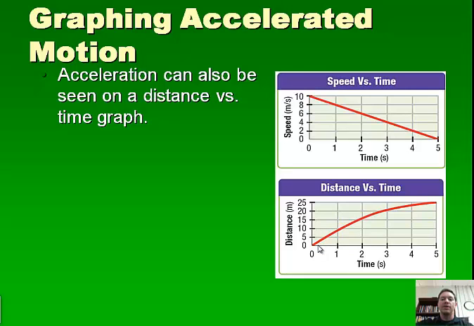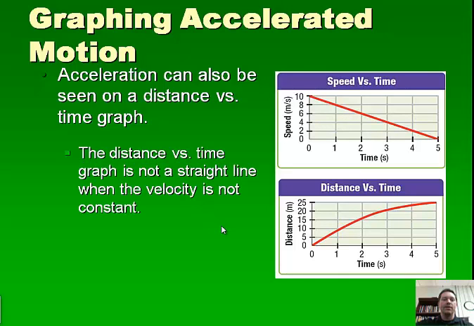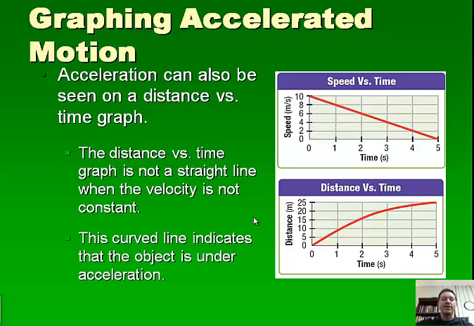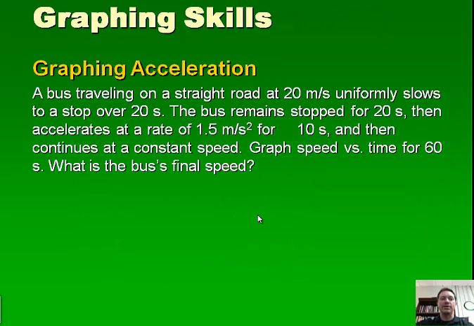So the change in velocity is changing at most points along this line. Okay. So distance versus time graph is not a straight line. Velocity is not constant. Therefore, acceleration is taking place. The curved line indicates an object is under acceleration.